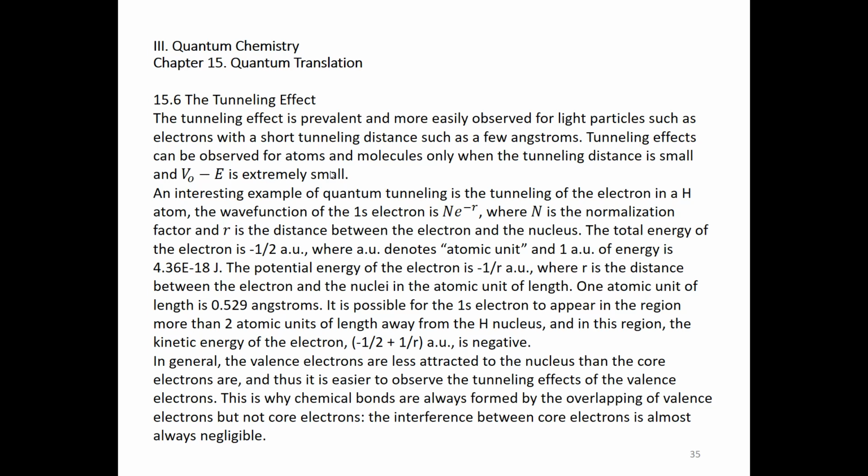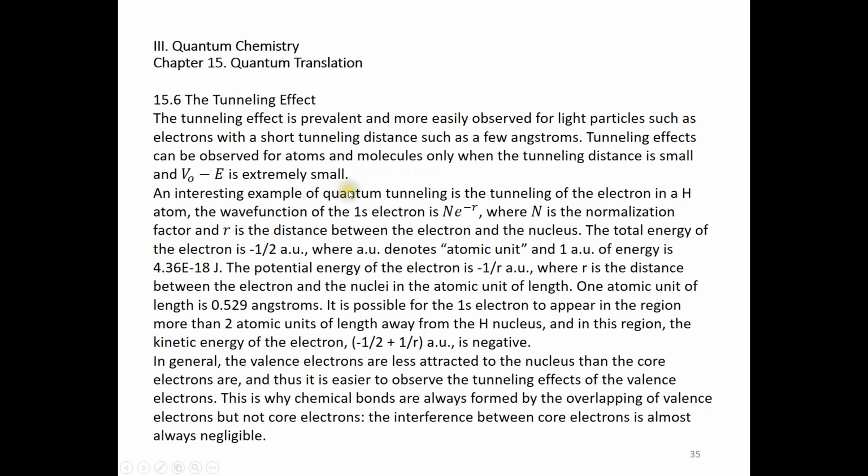Tunneling effects can be observed also for atoms or molecules, only if the tunneling distance is very small or this V0 minus E is extremely small. So ideally, we want both a small tunneling distance and a small V0 minus E to observe the tunneling of a heavy particle, such as a proton or an atom or a molecule.